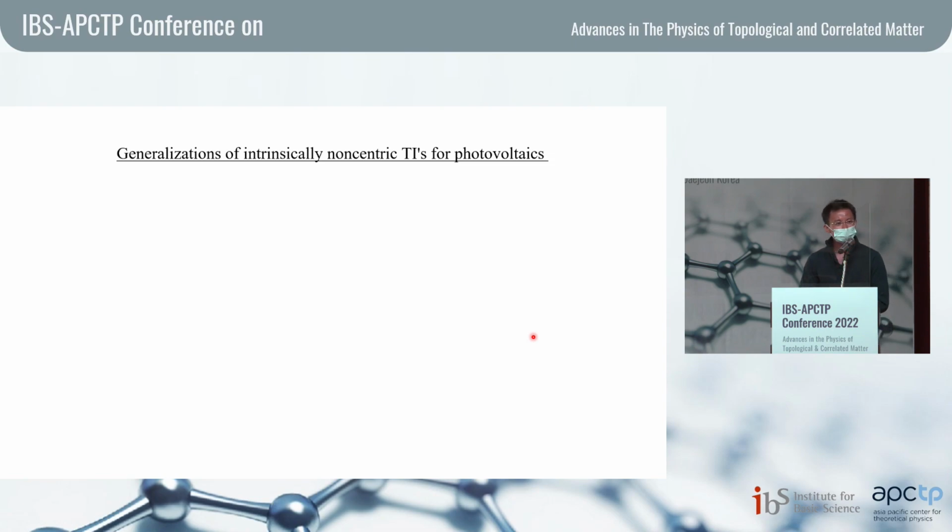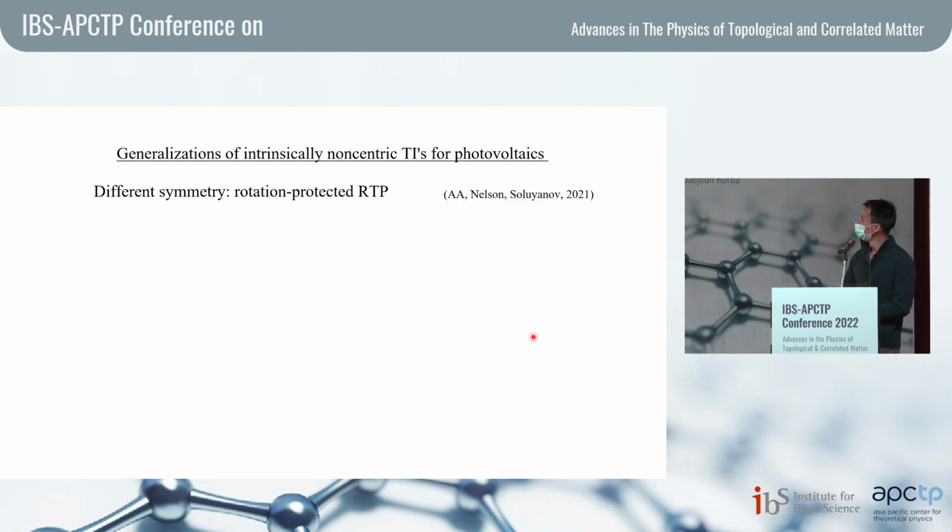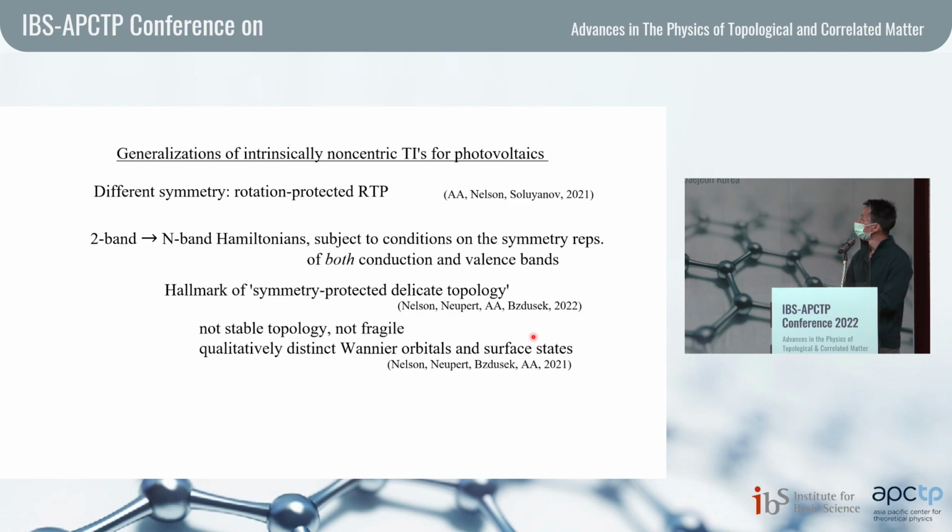So I'll say a few words about generalizations of intrinsically noncentric TIs for photovoltaics. First of all, reflection symmetry is not needed. You can do it with rotation symmetry. This RTP invariant that I defined for you can exist in rotation symmetric systems. Second, 2-band sounds like a pain. You can always enlarge it to n bands with n arbitrary.